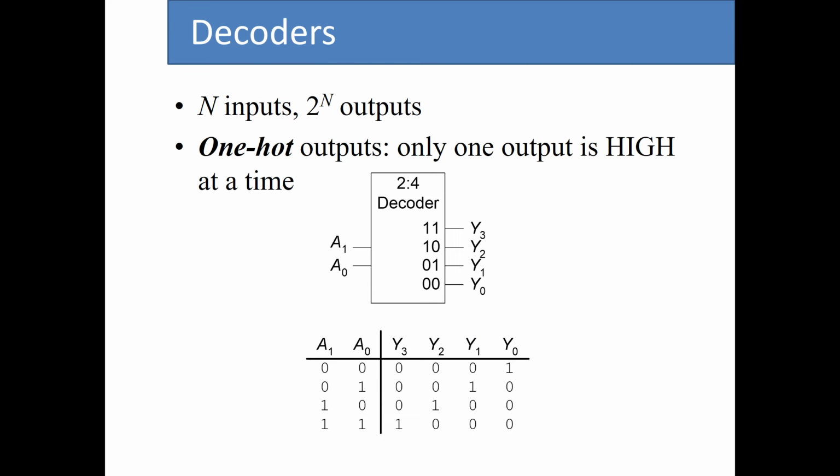Now that we saw multiplexers, let's talk about decoders. For the decoders, n is the number of inputs, and we have 2 to the n outputs. Decoders' outputs are called one-hot outputs, which basically means that only one output is high at any given time.